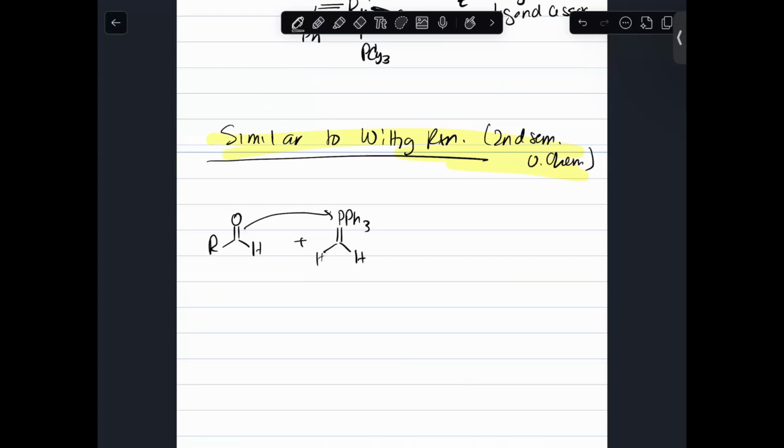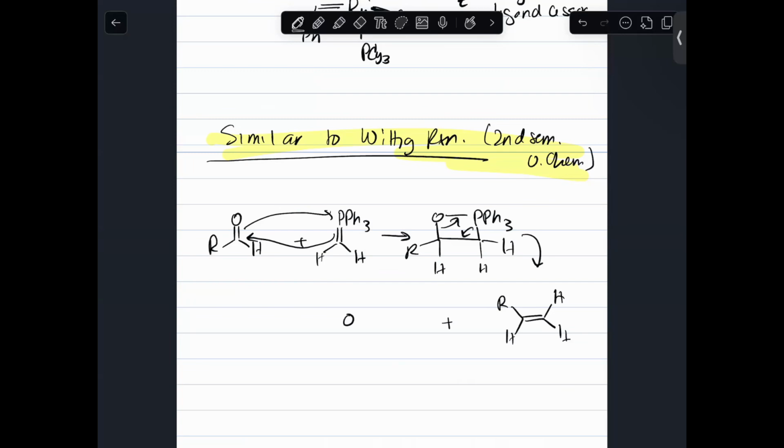And you form a four-membered ring. It collapses and it forms an alkene, plus the byproduct.